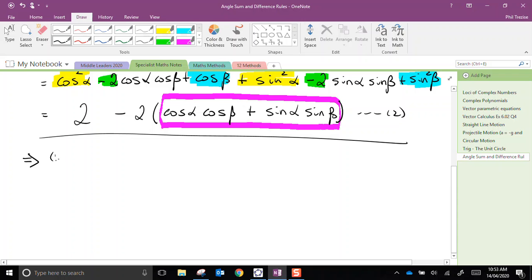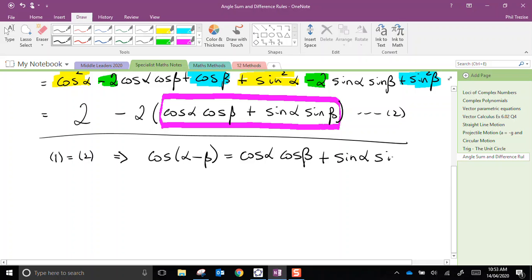So because equation 1 equals equation 2, they were both the same as d squared, that gives me cosine of alpha take beta equals cosine alpha cosine beta plus sine alpha sine beta. And that's our first formula.